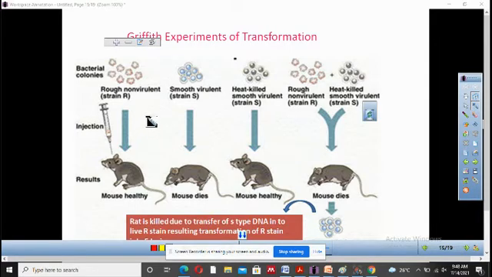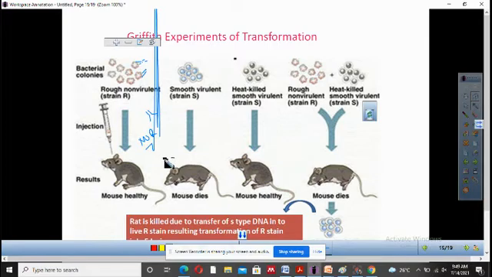Within the mouse, the antibodies tend to bind with the rough surface, and that leads to the neutralization of this bacterial strain. So there is no bacteria, and the mouse stays healthy. So it is called non-virulent.